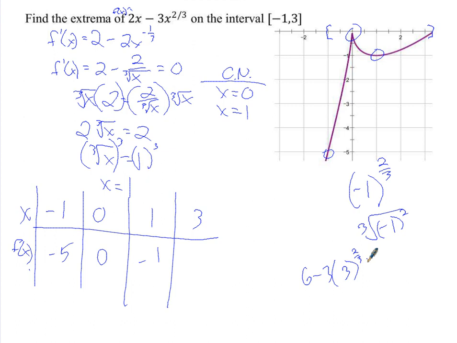And then times 3. And then 6 minus that. So negative what? Just call it -0.24. So there you go.